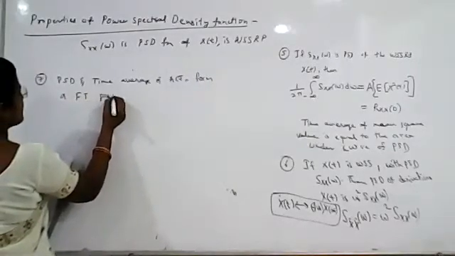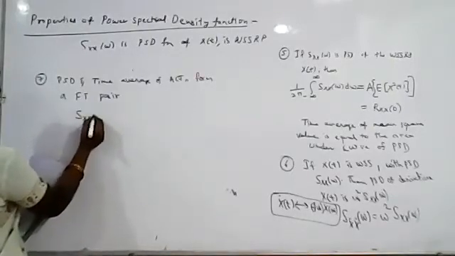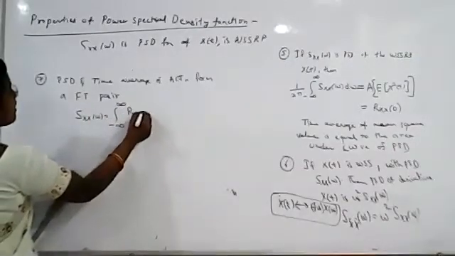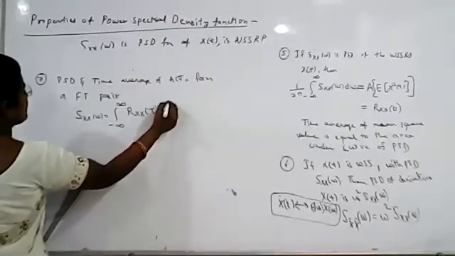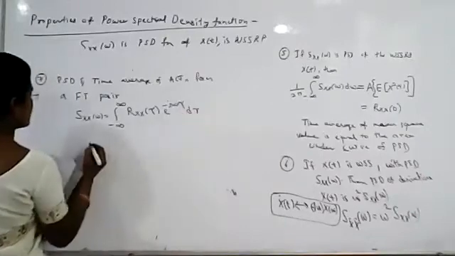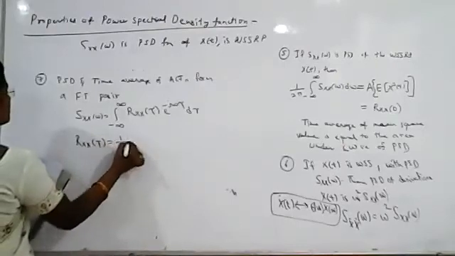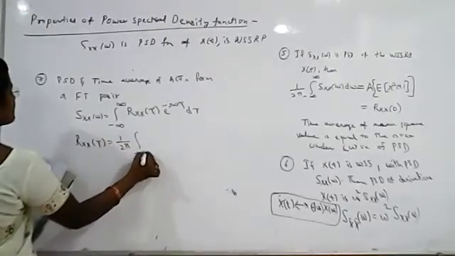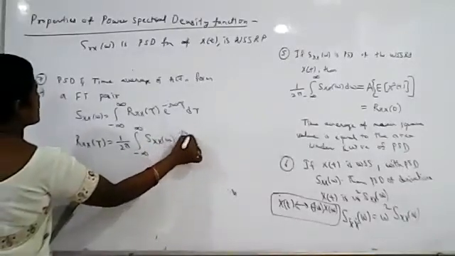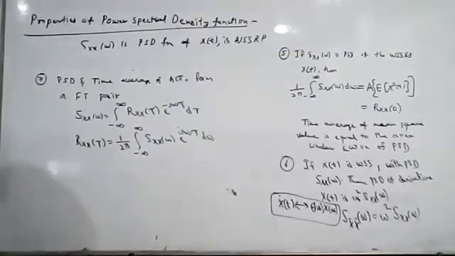It is given like this: Sx of omega is equal to the integral from minus infinity to plus infinity of Rx of tau e power minus j omega tau d tau. Similarly, Rx of tau is equal to 1 by 2 pi integral from minus infinity to plus infinity of Sx of omega e power j omega tau d omega. So these two form a Fourier transform pair.